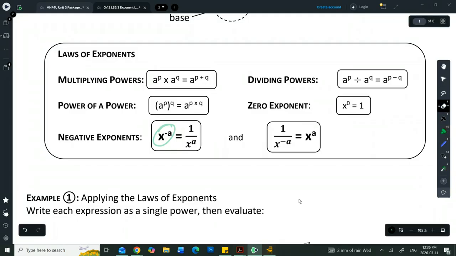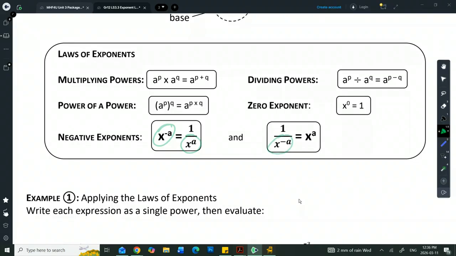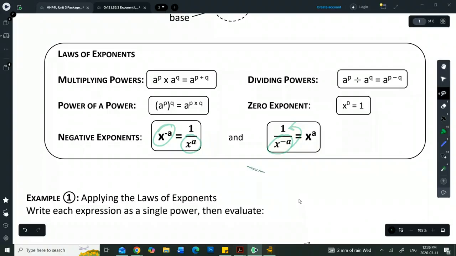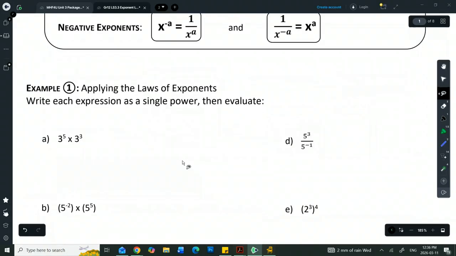Even though we don't see a denominator, we know the denominator is 1 technically. So to make the exponent positive, you would move this down into the denominator. Okay, and then vice versa. If you see it in the denominator, you can move it up into the numerator and make the exponent positive. Okay, so in all questions, we're going to aim to express things only with positive exponents.